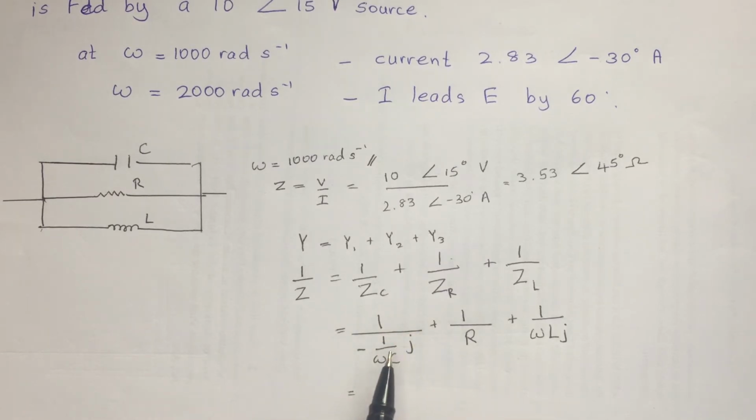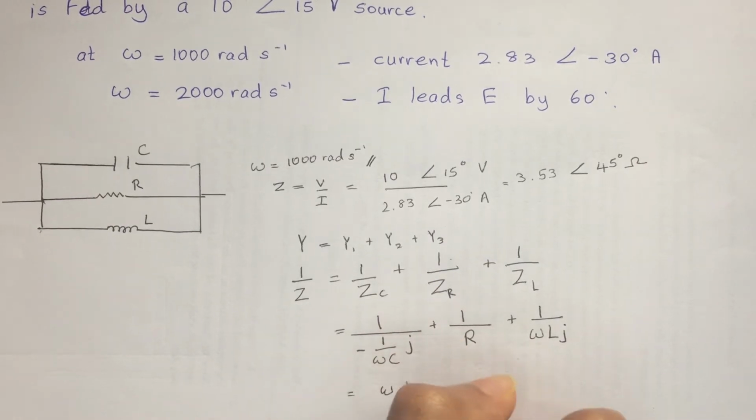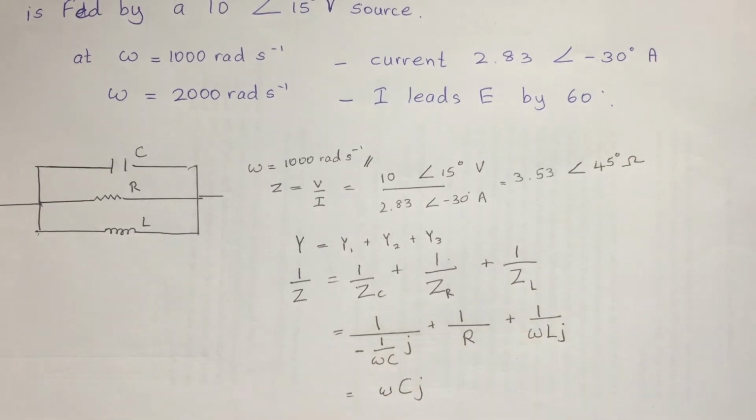Actually, we know J squared is minus 1, as J is equal to the root of minus 1 in complex numbers. So if I multiply J in the denominator and the numerator, it's going to return a minus also here, so this minus is going to cancel out. So it's going to be omega C into J.